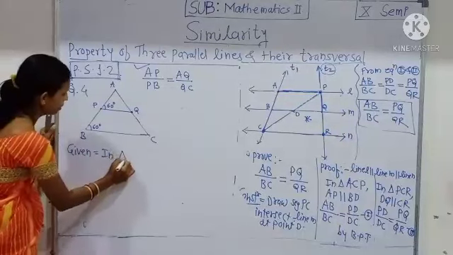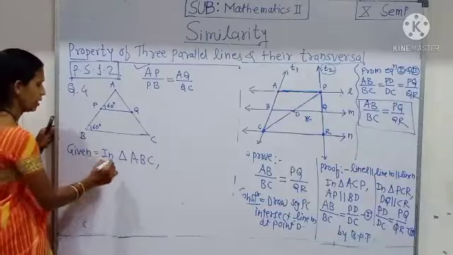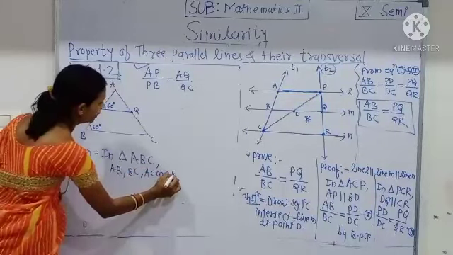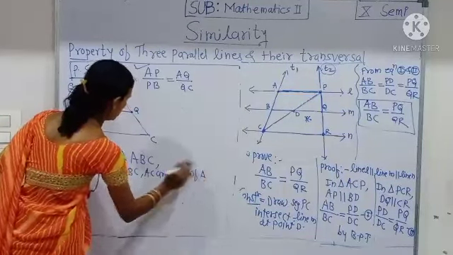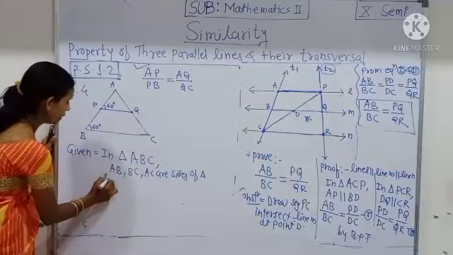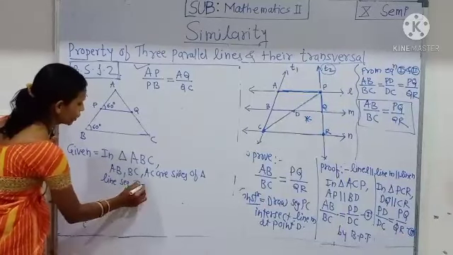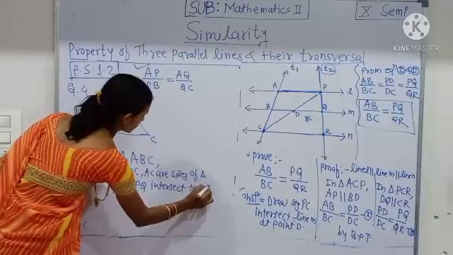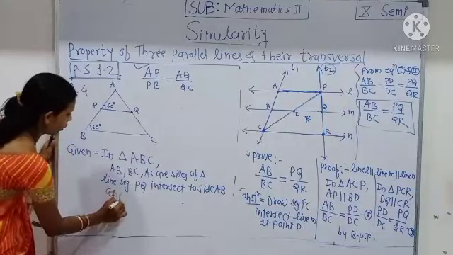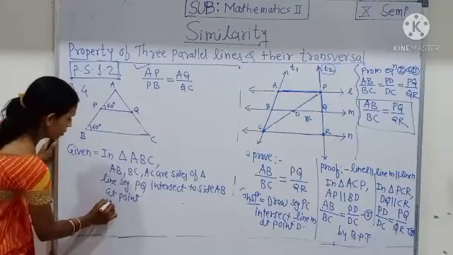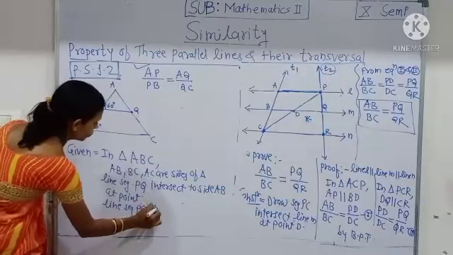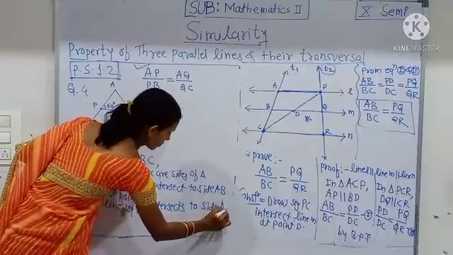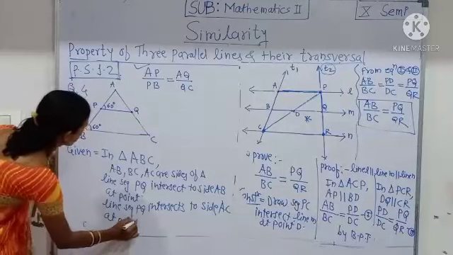See here, in triangle ABC, AB, BC and AC are the three sides of triangle ABC, and the line segment PQ intersects side AB at point P, and the line segment PQ also intersects side AC at point Q.